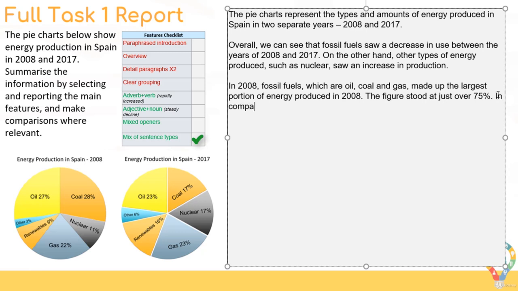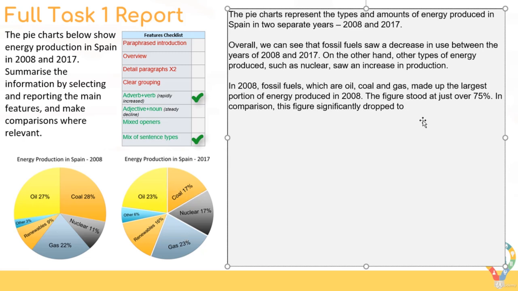In comparison, and it's good to make comparisons in your report, this figure dropped. I'm going to use an adverb now, so an adverb and a verb. Significantly dropped to, let's see, so we've got 23, 17, that makes up 30, 40, 63%.